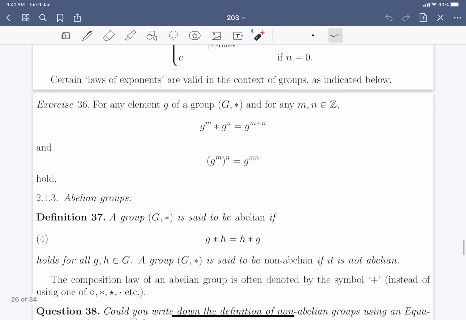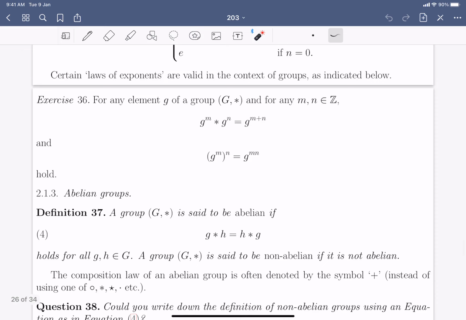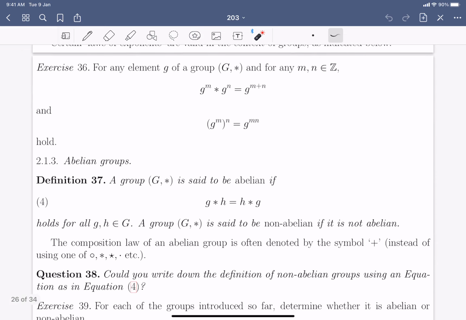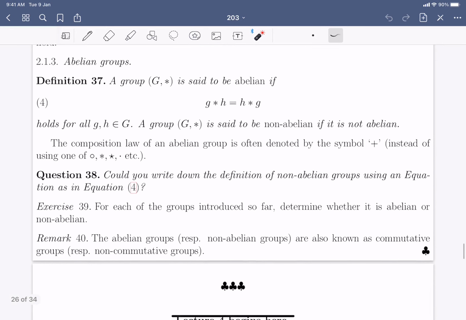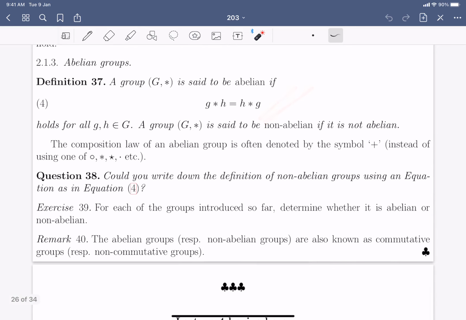I hope you have done it. This is elementary, although I expect you to write down all the details. It is usually recommended to do certain easy exercises along with some difficult ones. Then we moved on to the notion of abelian group, and I hope you have worked on these exercises, question 38 and exercise 39.